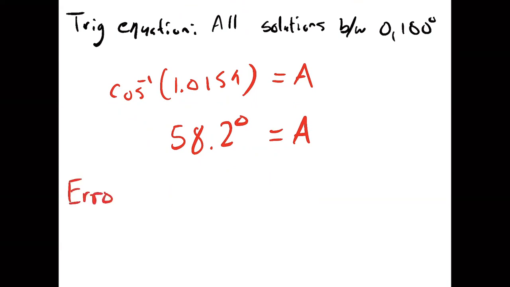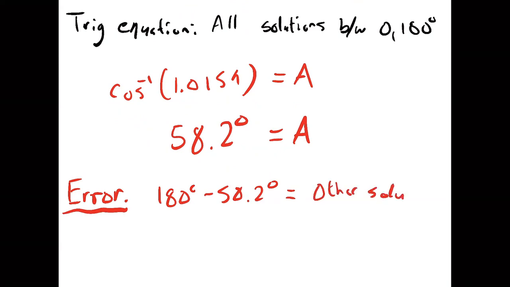So we're going to produce an error real fast. You would think, okay, take 180 degrees and subtract 58.2 degrees from it, and this should be our other solution. Okay, so that's not correct here.